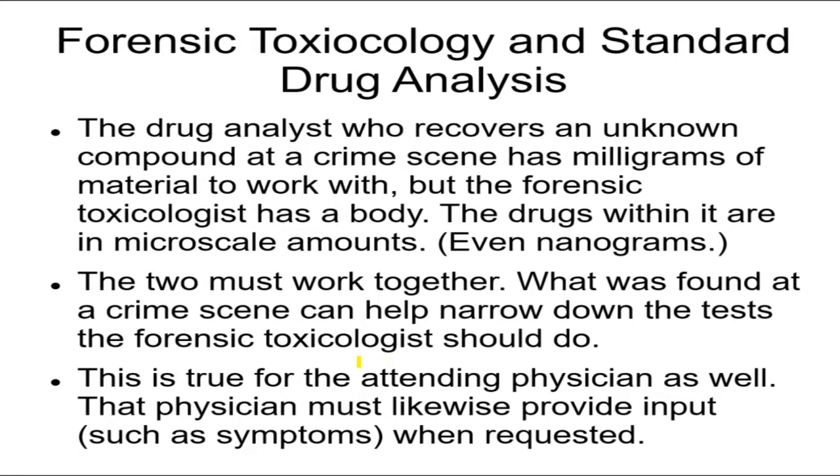When the attending physician tells the symptoms, the forensic toxicologist will say, oh yeah, that is a sign of a hallucinogen. So I'll be testing for hallucinogens in their blood sample. Or they can say, no, it was a depressant. So again, this will enable the forensic toxicologist to focus and to get their job done better.